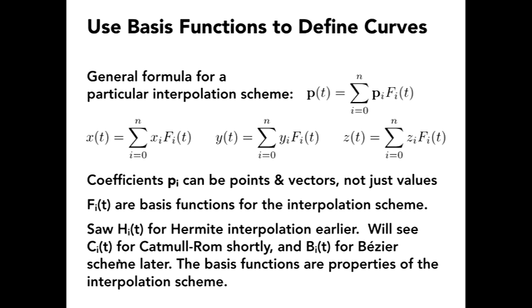And we'll see that there are some c sub i of t basis functions for the Catmull-Rom interpolation scheme on the next slide, and then b sub i of t for a Bézier scheme that we'll look at later. The basis functions are what they are, but these schemes have different advantages. They're set up to take the information that you have about your curve and allow you to put it into the interpolation scheme in a convenient manner.